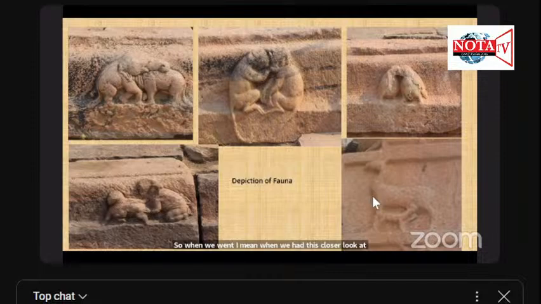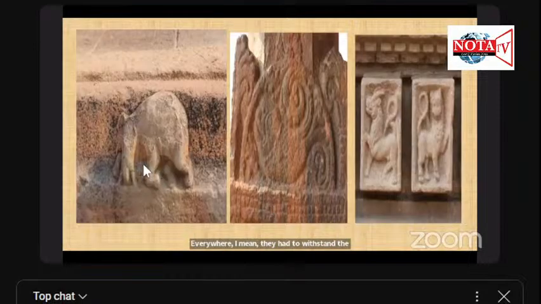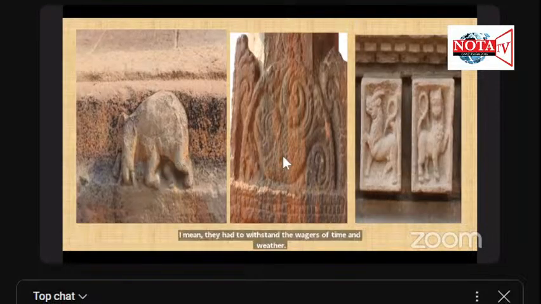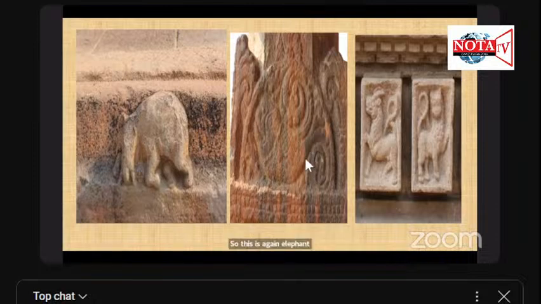Of course, now some of them have been effaced in the course of time, because this was done long back, in the 8th and 9th century. So they had to withstand the vagaries of time and weather. So this is again an elephant, and a fish is also depicted.